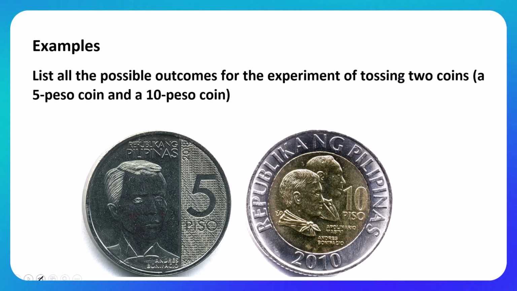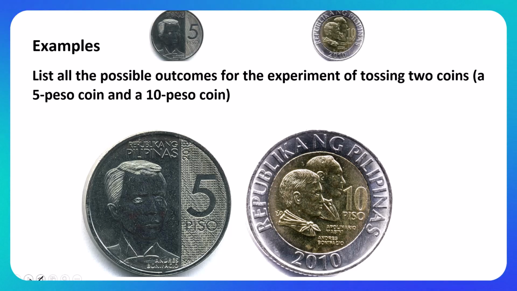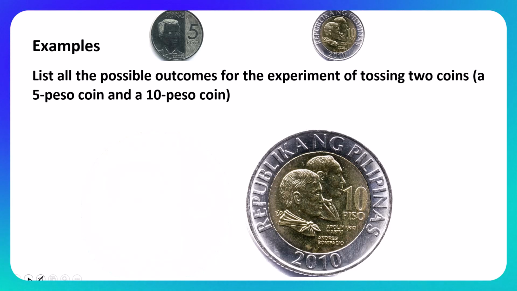We're going to list all the possible outcomes for the experiment of tossing 2 coins. Now I'm looking at pesos, so I've got a 5 peso coin and a 10 peso coin. Let me put those up at the top so we'll have some workspace at the bottom. Both of those have a head and a tail, so those are even and fair. They're not weighted.